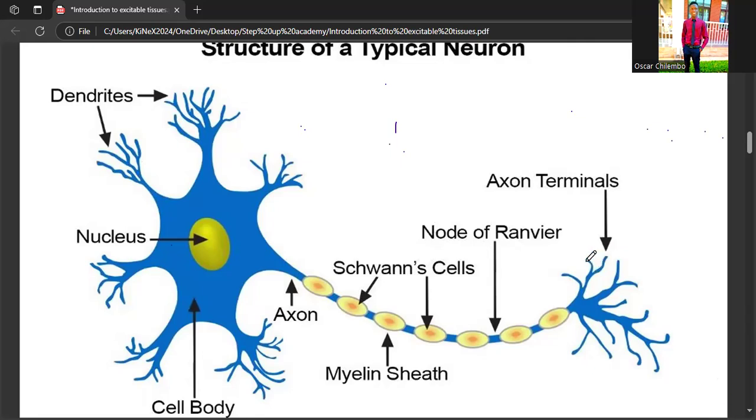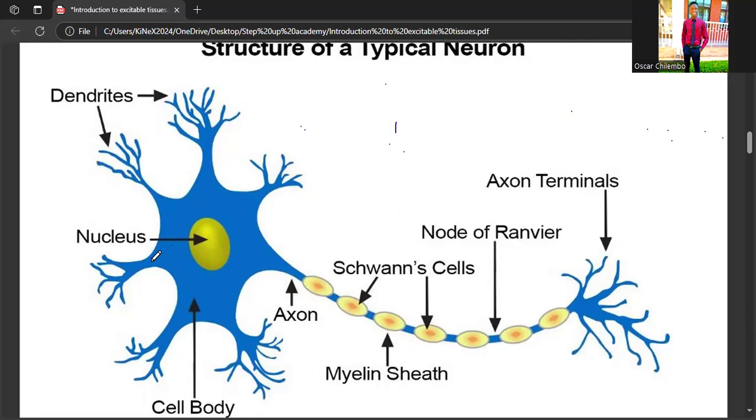I want you to look at the structure of dendrites. They look more like receptors. These dendrites receive signals from neighboring neurons or neighboring cells, in the form of an electrical impulse, an action potential.